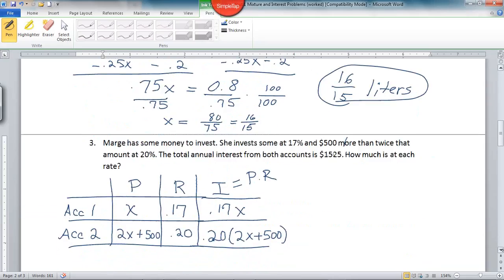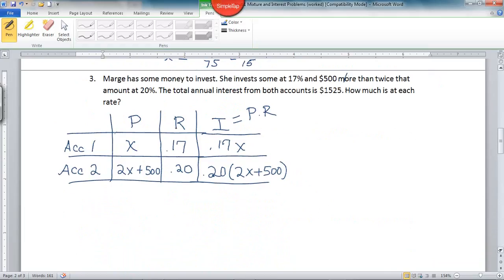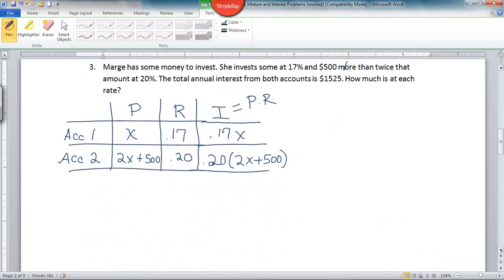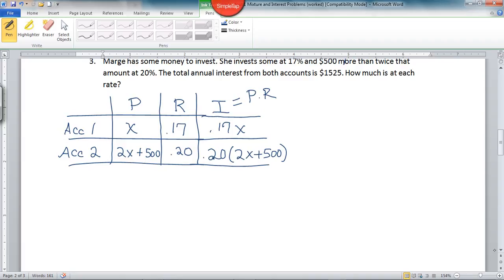let's try to get an equation off of this then. Here's how that's going to work. The other information that we know is the total. So let's do a little total right here underneath. Because here's what I know. For total interest, I know that the $15.25 is the total interest.